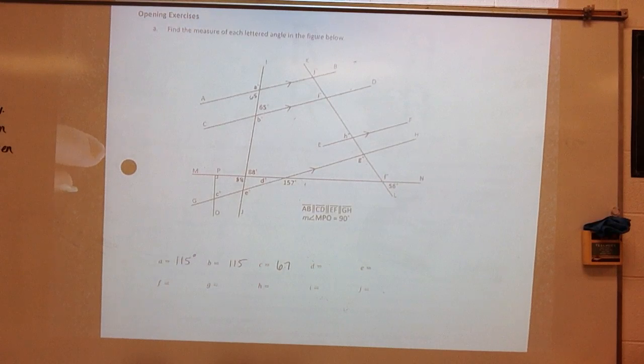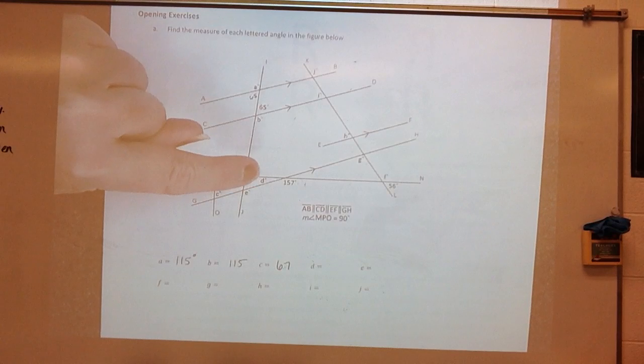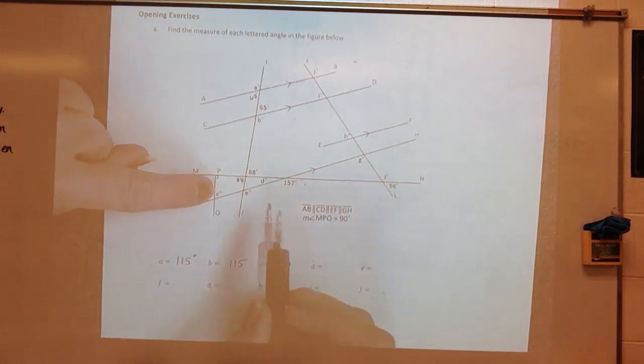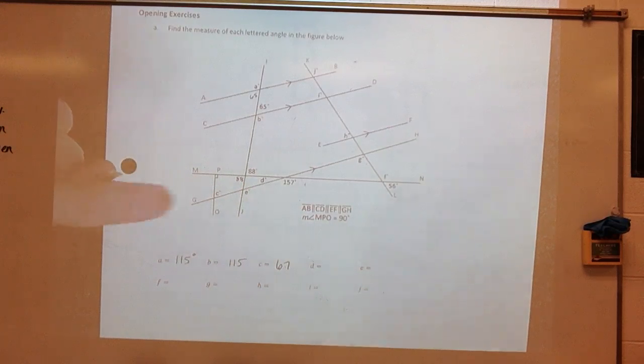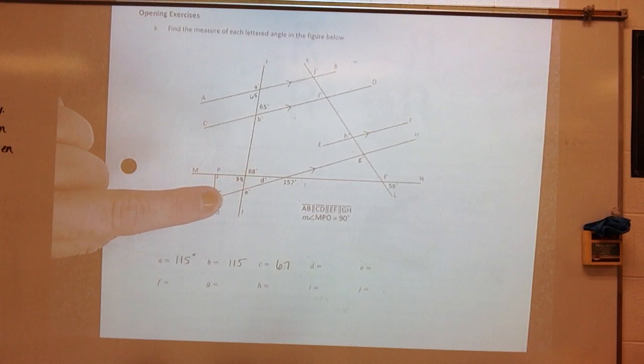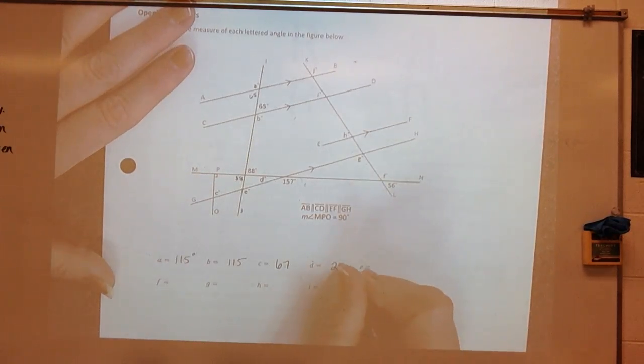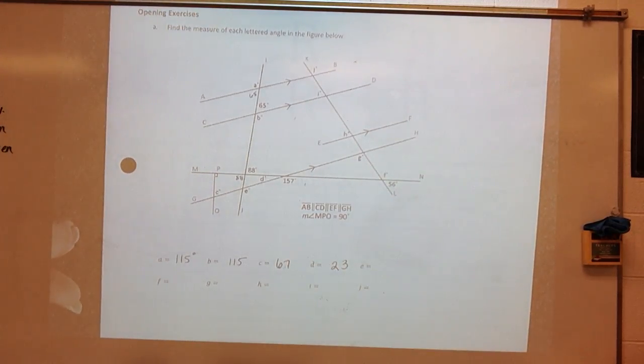All right? We'll come back here in just a few minutes to talk about that. Let's look at D. Well, if I know this is 88 and this is, maybe we can skip D and go to E, because that might help us. But if you figured out D is 23, if we have time, guys, we'll come back to these.